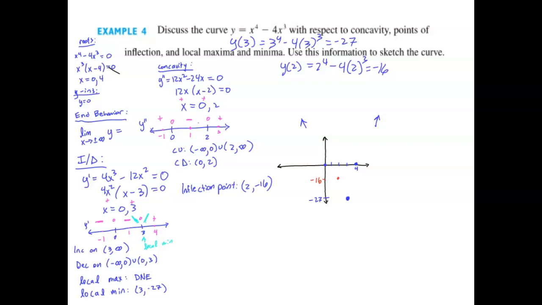I just recognized that. So it's going to be concave up over here, just slightly. Then it's going to change to concave down and decreasing to that point of inflection. And then it's back to concave up for the rest of the way, so this is all concave up out to infinity. Like that. So that's what our graph will look like. All right.